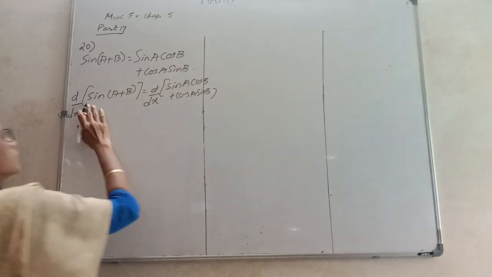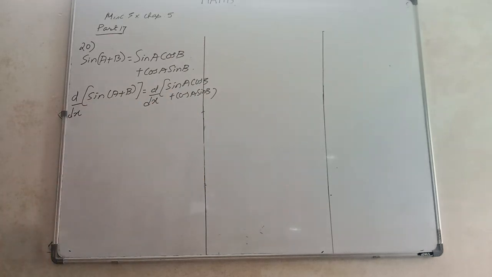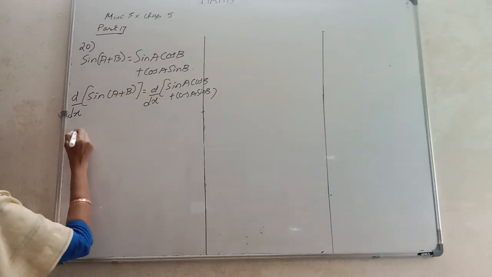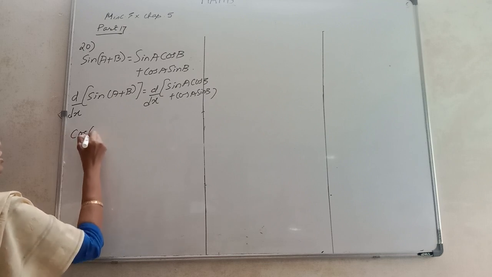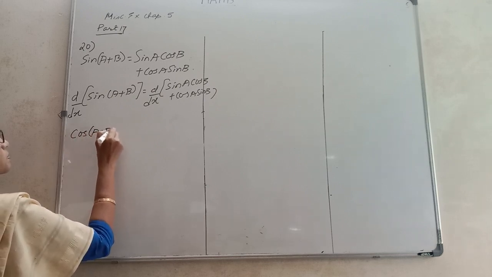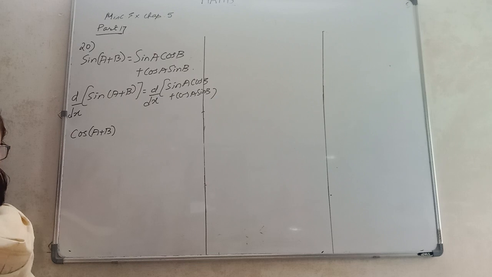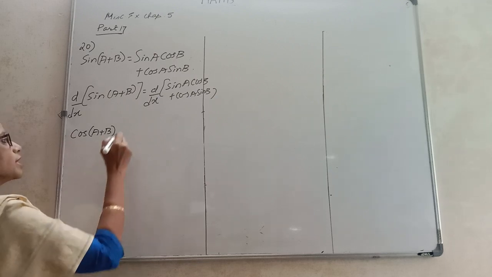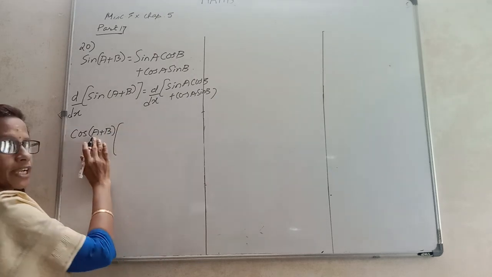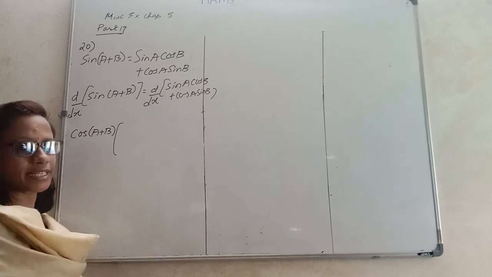Now, d/dx of sin(A+B): we all know that the derivative of sin is cos, so it is cos(A+B). A and B are probably functions of x, so we have to account for their derivatives also.